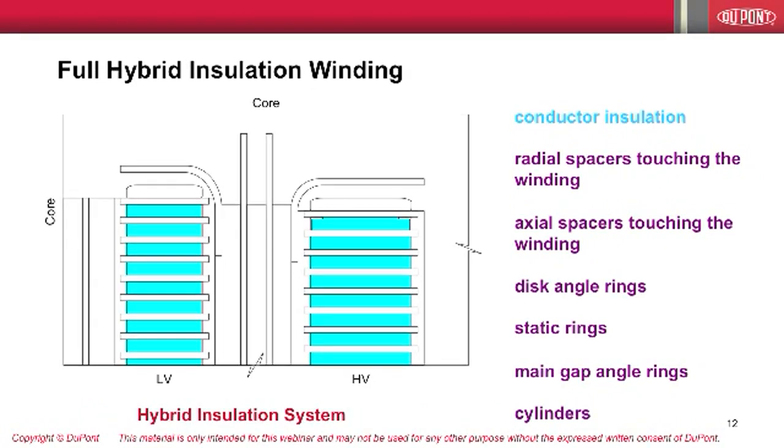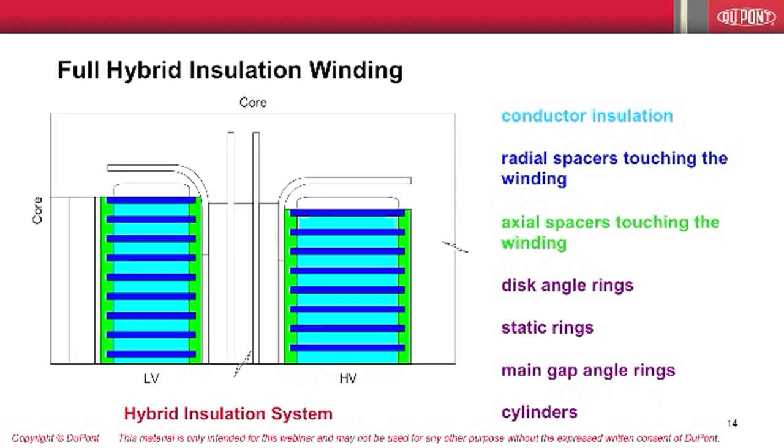The full hybrid insulation system uses a combination of conventional and high-temperature insulation, but the high temperature is only used where conventional temperatures are exceeded, and the key location is the conductor insulation, as highlighted in the sketch. Radial and axial spacers touching the conductor are also changed to high-temperature insulation. Depending on the design, other components may also require high-temperature materials, such as disc angle rings.